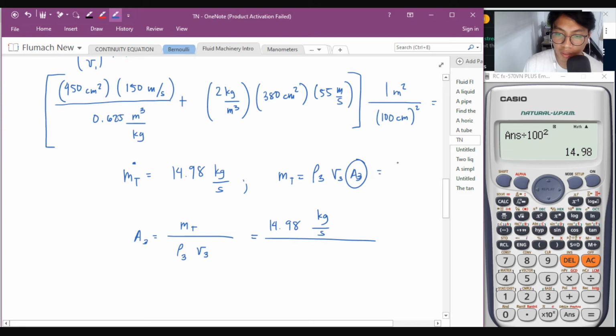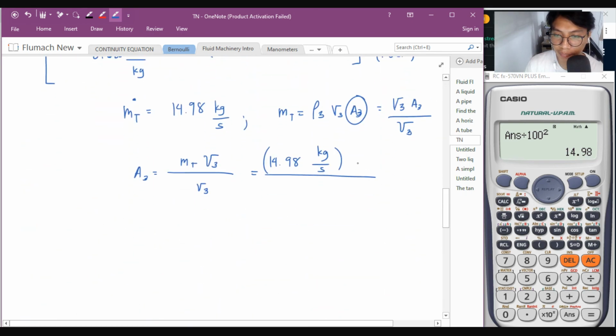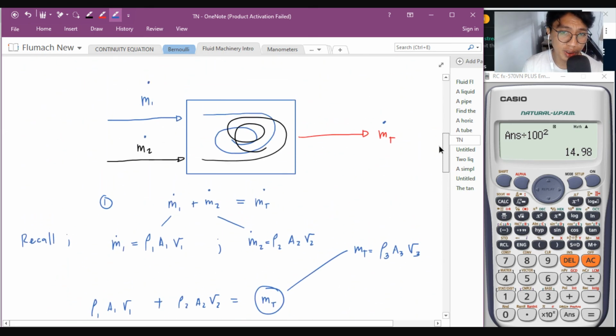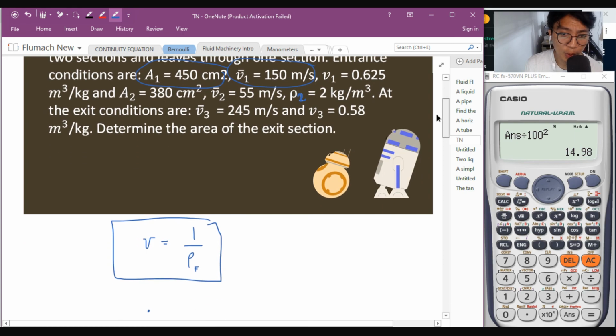Equal pa rin yan. O, di V3A3 divided by specific volume 3. So, nasa taas yung specific volume mo. That is specific volume at 3. O, specific volume yan, ha? Binigay dyan. So, 0.58 per kilogram. Velocity 3 is 245 meter per second.